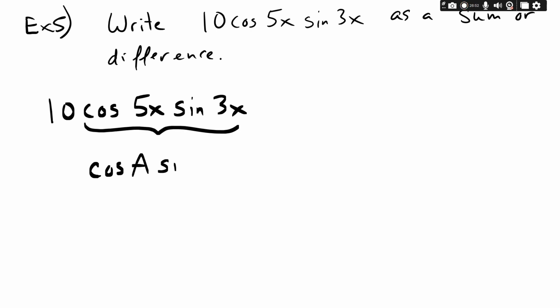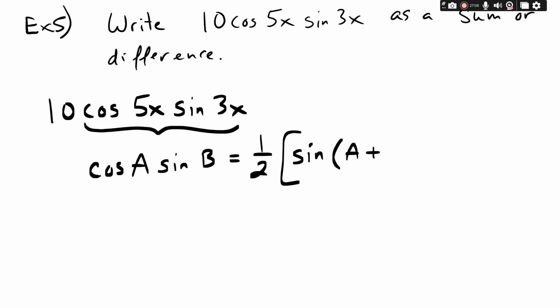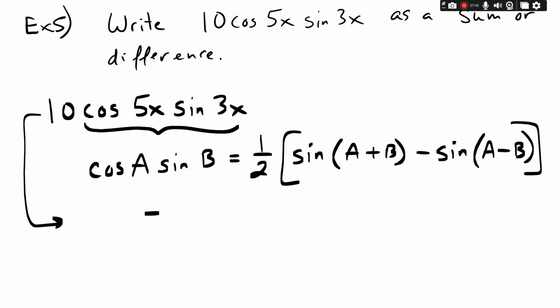What we really are concerned about is this right here. So kind of thinking, okay, that's cosine of A sine B. And the formula for it, right, is 1/2 sine of A plus B minus sine of A minus B. Okay, with that, there we go.